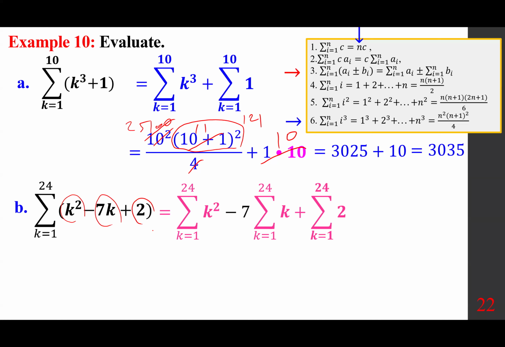So what are we going to use? Let me erase my work.